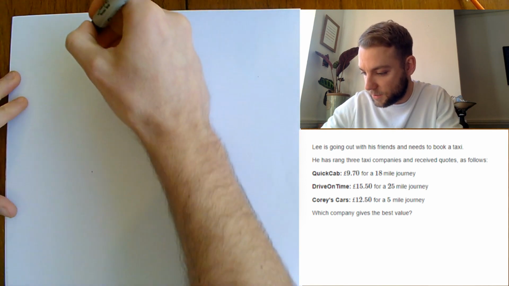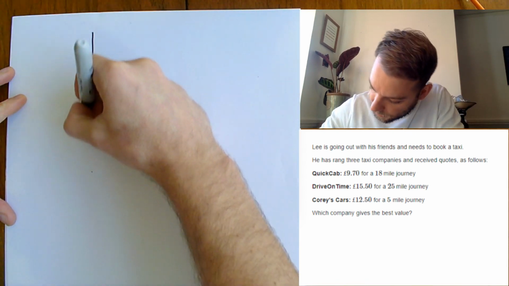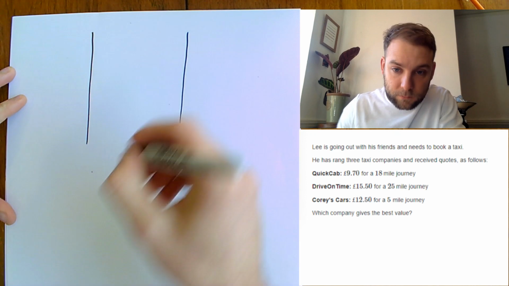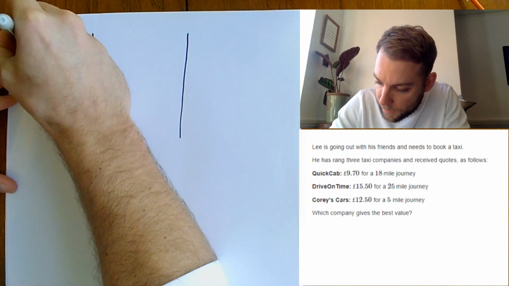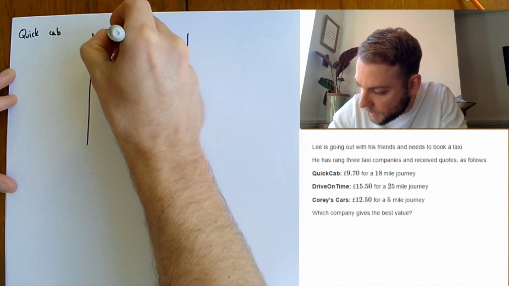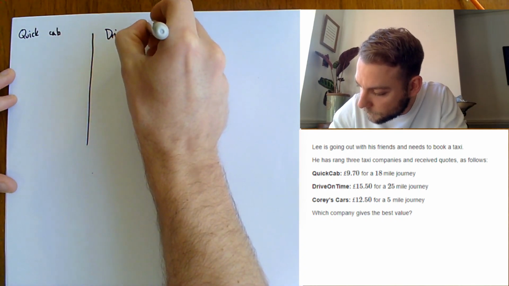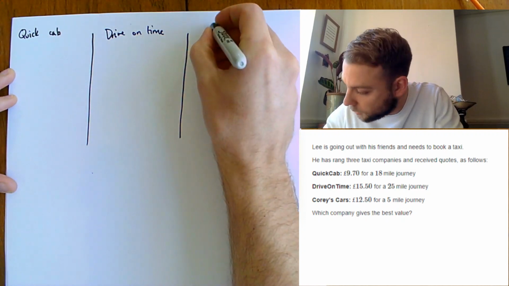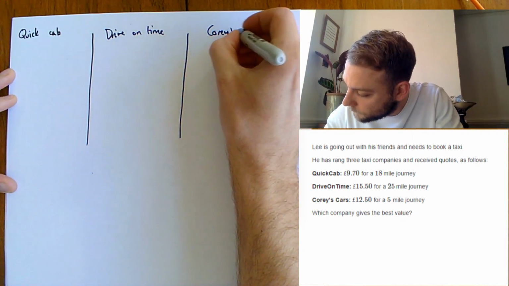Okay, let's have a go at these then. So I'm going to break my page up into 3. So we've got Quick Cab, we've got Drive on Time, and we've got Corey's Cabs.